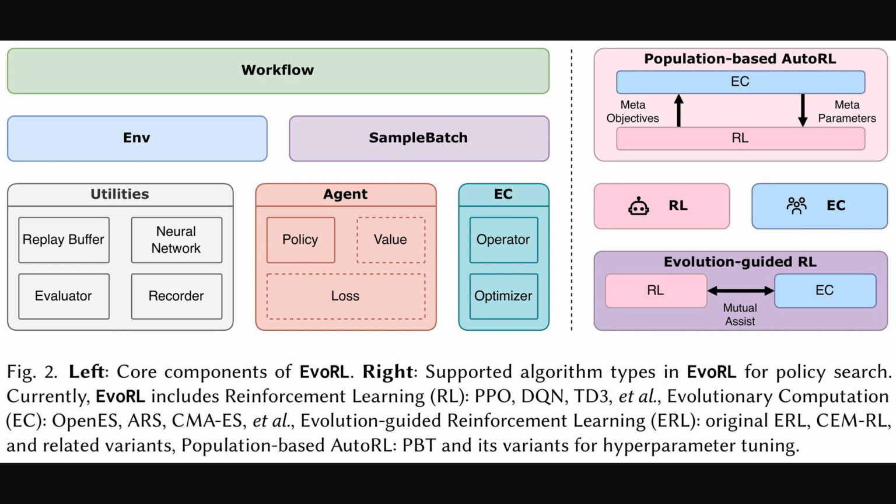We see components like the agent, which holds the AI's decision-making policy, and a sample batch, which gathers up experiences. Then, the framework supports not just standard reinforcement learning or evolutionary computation alone, but also hybrid approaches like evolution-guided reinforcement learning, where evolution helps the learning process, and population-based AutoRL, for automatically tuning settings.